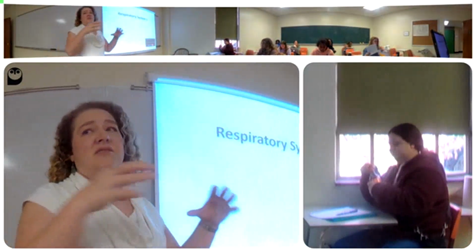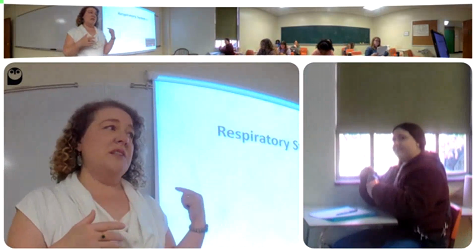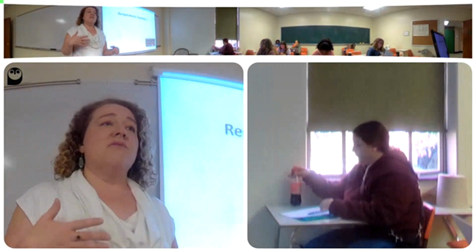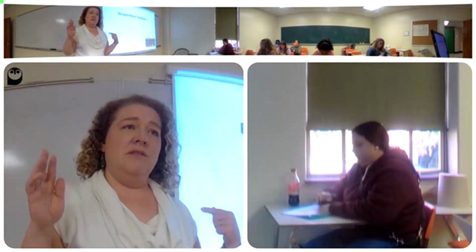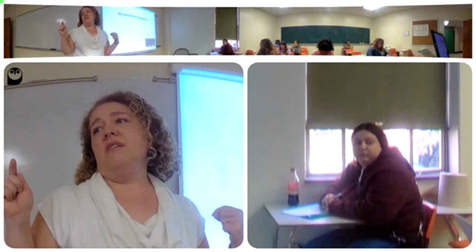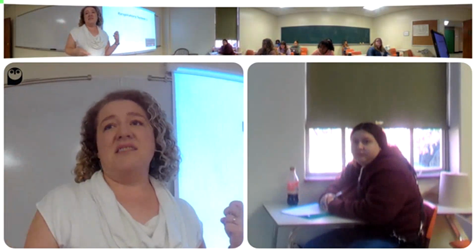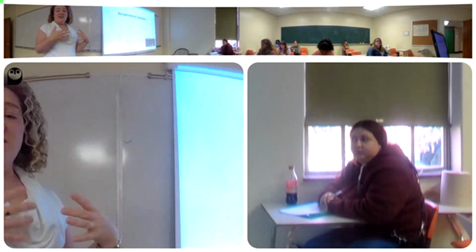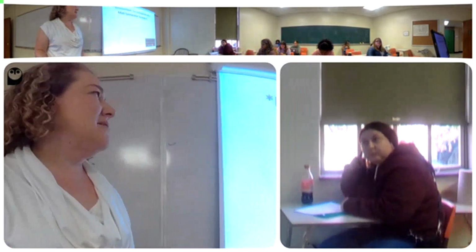The reason these are together in a unit is that your respiratory system and your urinary system work together to maintain fluid balance and pH and ions and blood gases. So they actually are functioning together and they have a lot of interconnectedness.